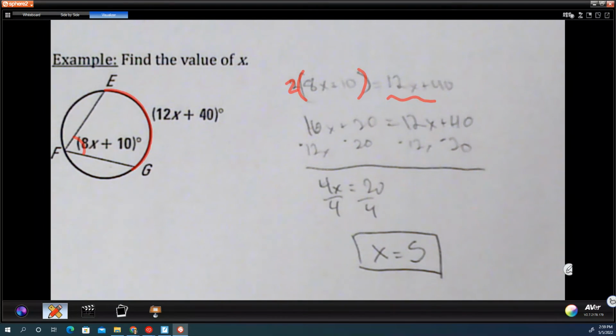So you could have doubled that inscribed angle. That has to be equal to the arc measure. Solve it, you get x to be 5. Anybody do it that way? Okay, nice.